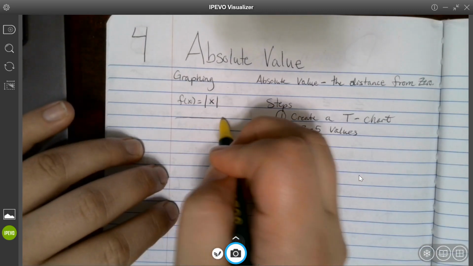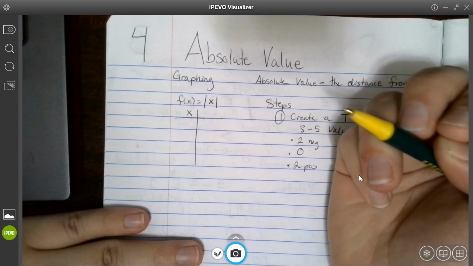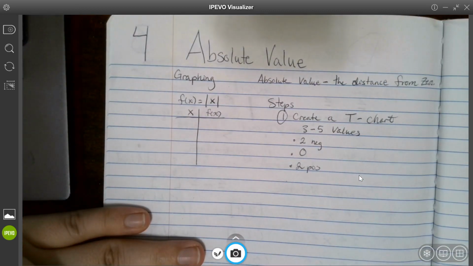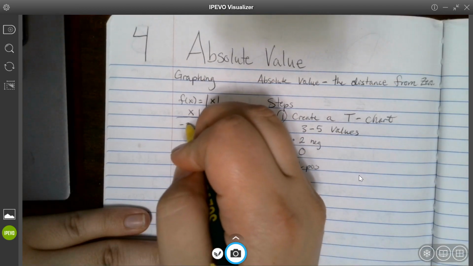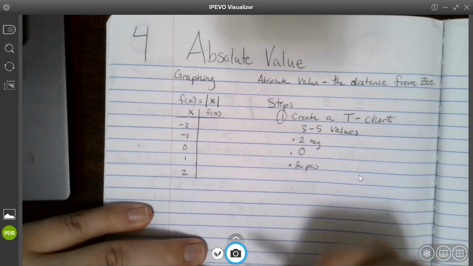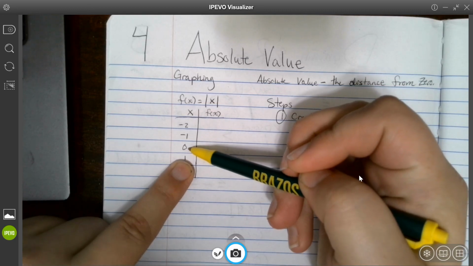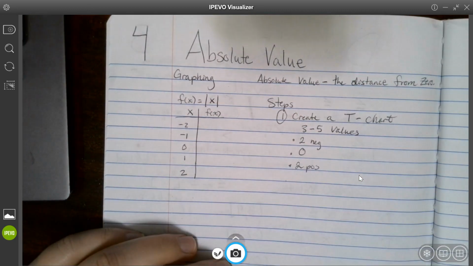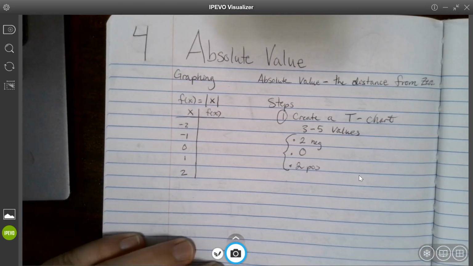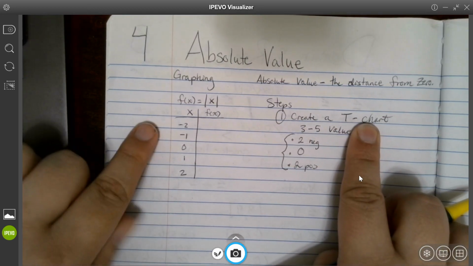So I'm going to keep it as simple as possible. X value, this is my Y, but remember we're in Algebra 2, so we now use f of x, just means Y. -2, -1, 0, 1, 2. I've got 5 numbers for my x, 2 negatives, 0, 2 positives. Now you do not always have to pick this. Sometimes it's better to pick other things, and you'll gain more experience and figure that out. So we create a T-chart, boom.